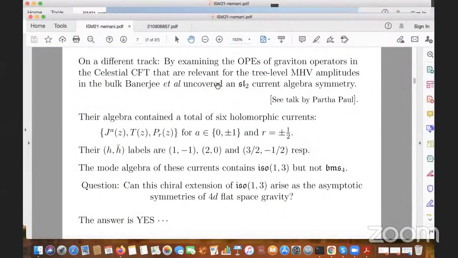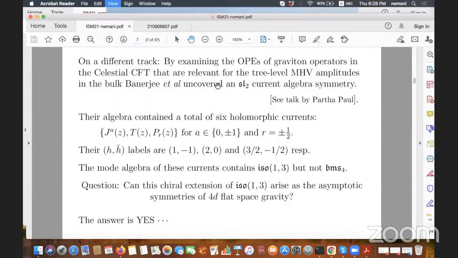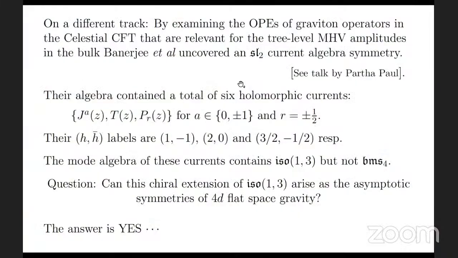On a different track, by examining the OPEs of gravitational operators, graviton operators in the celestial CFT, Banerjee and others were able to uncover an SL2 current algebra, mainly looking at the MHV amplitudes at tree level from the point of view of celestial CFT.